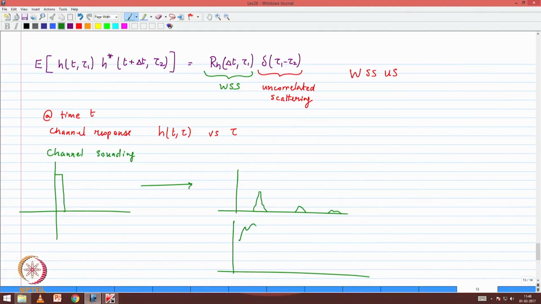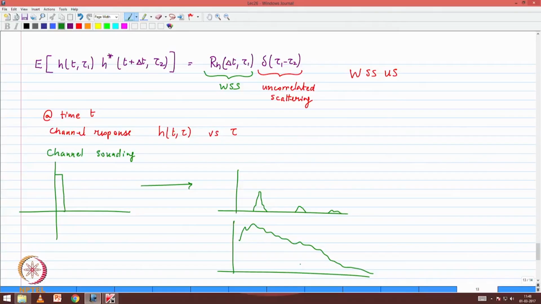Or in other words, you transmit a pulse and don't look for pulses, you look for energy as a function of time. Then what you observe is that there is some power that comes out and eventually the power dies down. Effectively, when you transmit a pulse, you inject some energy or power into the system, and you put a power measuring device at the other end and observe as a function of time.